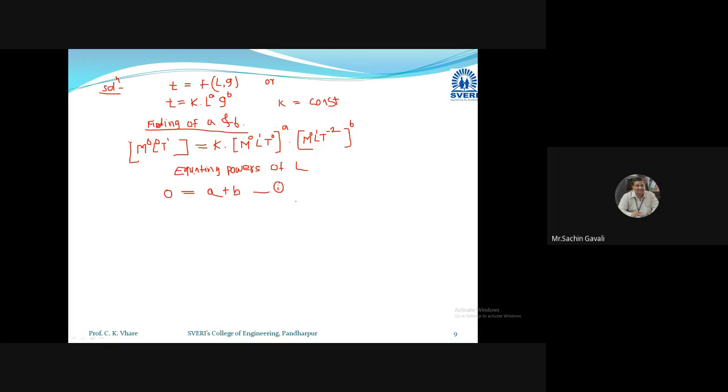Everybody getting it? Then second, we'll equate powers of T. So we are getting one equation, A plus B is equal to 0. Next equation, equating powers of T.